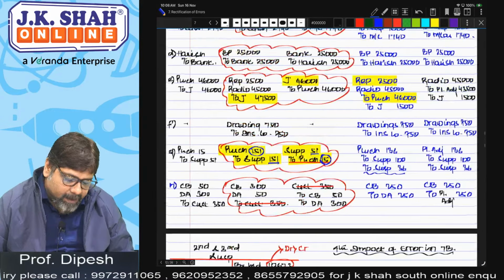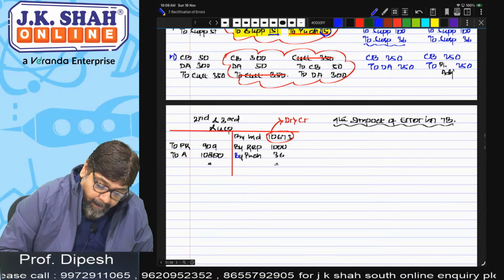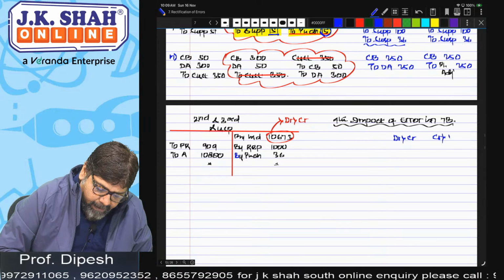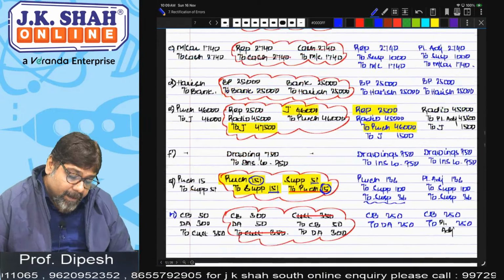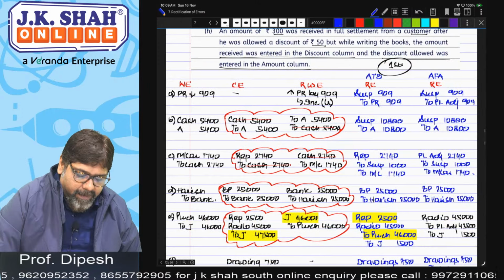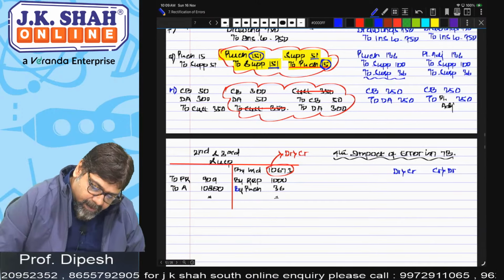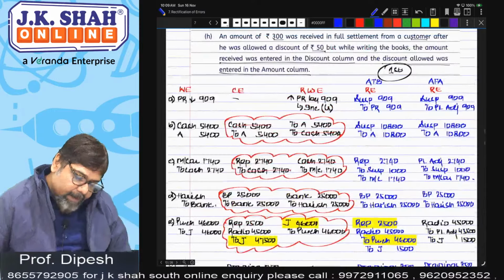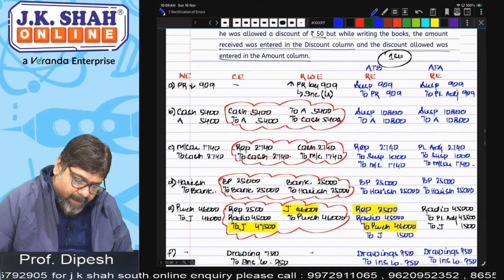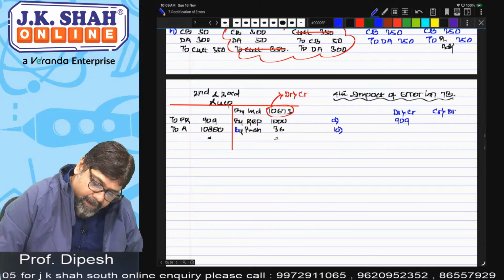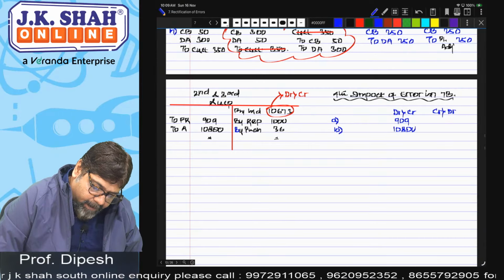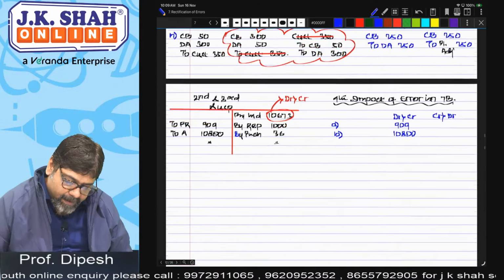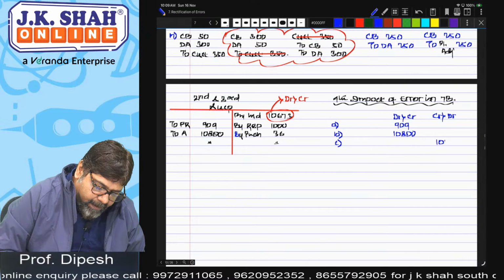Now charted: debit is greater than credit, credit is greater than debit. Let's start. In the first entry, suspense is debit, that means debit is greater by 909. Second, suspense is debit, that means debit is greater by 10,800. In C, suspense is credit, means credit is greater.